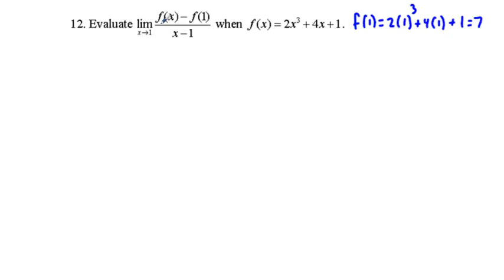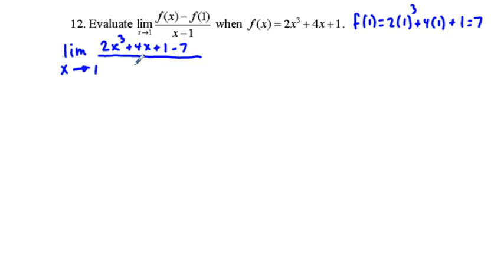So this limit as x approaches 1, we're going to rewrite as the limit as x approaches 1 of f of x, and f of x is going to be 2x cubed plus 4x plus 1, minus f of 1, so that's minus 7.